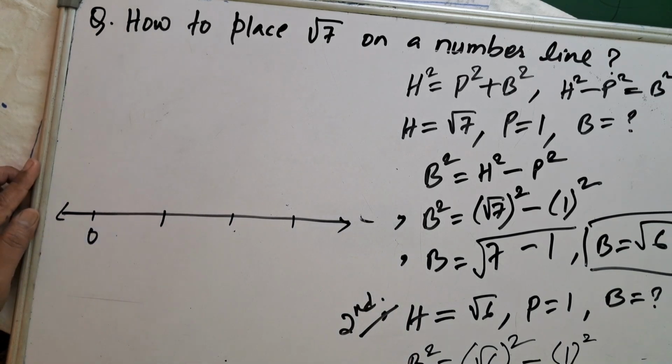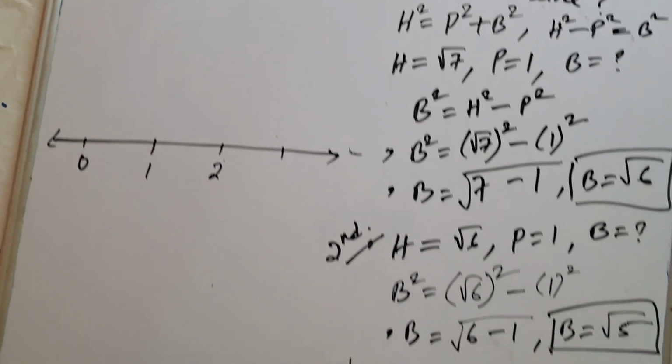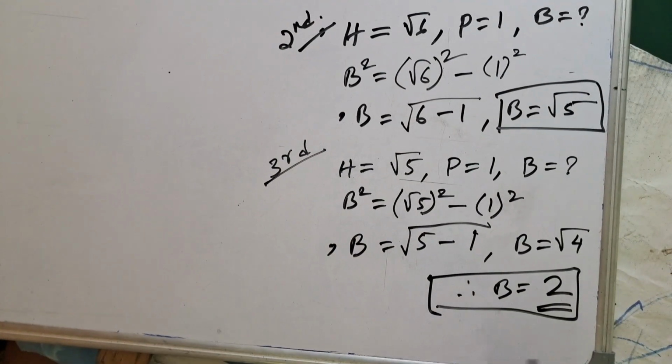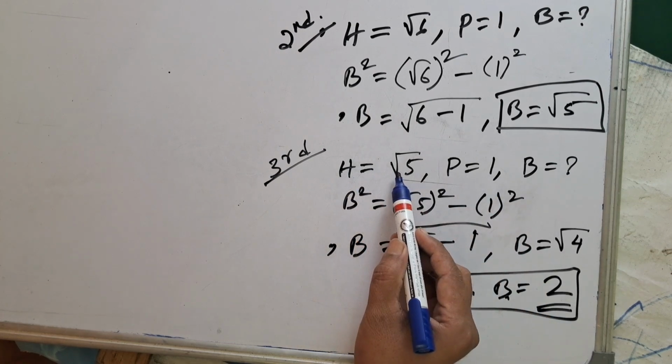To the left of 0 we have negative numbers, and to the right of 0 we have positive numbers. This is 1, this is 2, this is 3. When the base is 2 and perpendicular is 1, we got hypotenuse as root 5, isn't it?